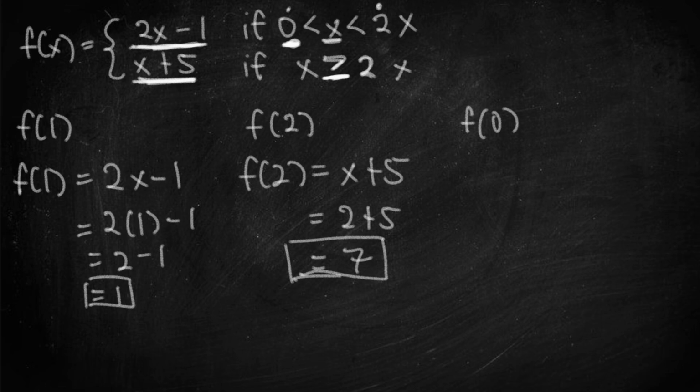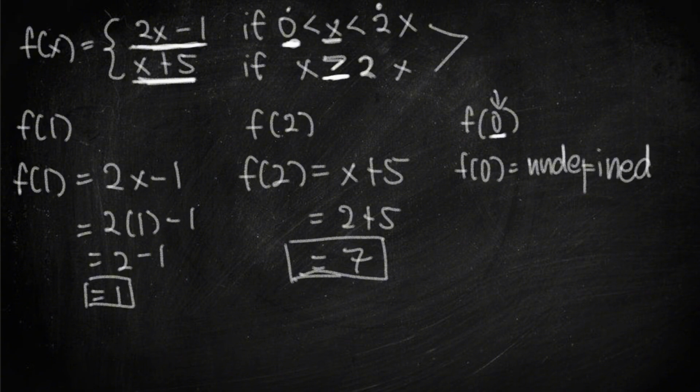So what to do in these situations in which the value of your x is not defined by any formula in your piecewise function? Then that simply means that that x value is undefined.